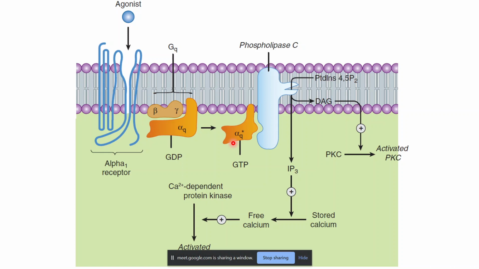The activation of G protein coupled receptors by catecholamines promotes the dissociation of guanosine diphosphate from the alpha subunit of the G protein.